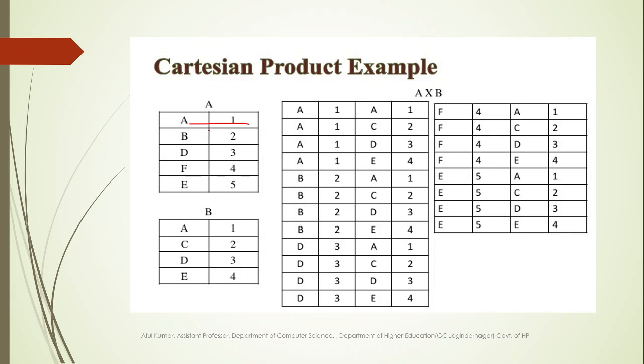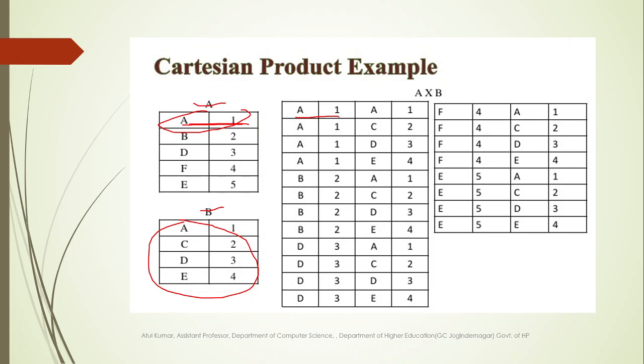So here we have a relation A and a relation B. It contains all the rows and attributes, or columns, of A and B. The first row is A1, so A1 is combined with all the rows of the B relation.